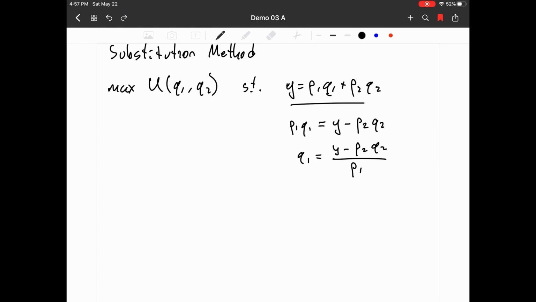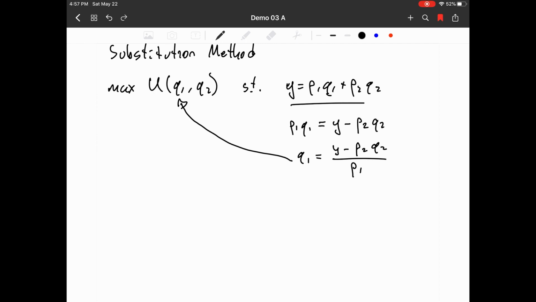Now, this is a relationship that must be true for our optimization problem. So what we can do is take this and plug it into the utility function, which reduces the problem to one dimension.